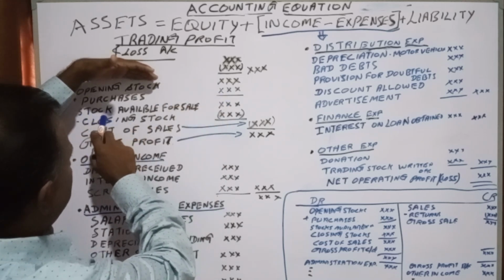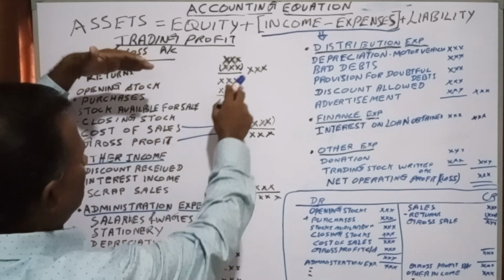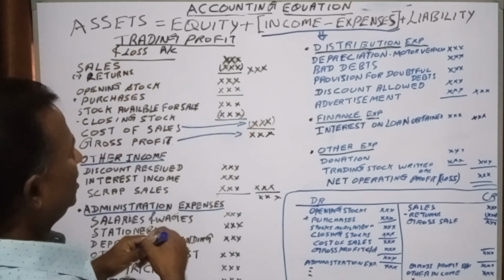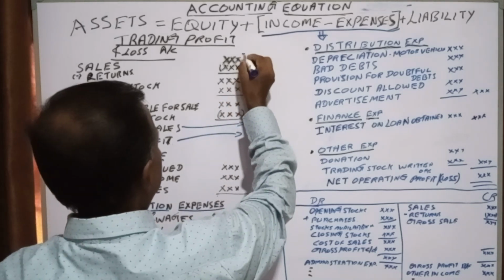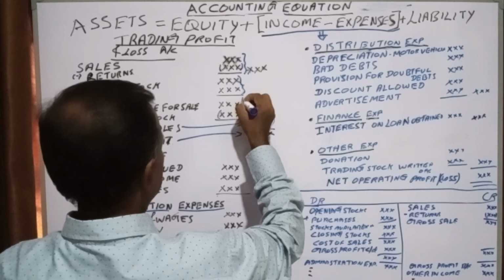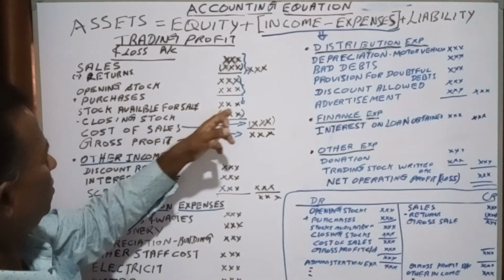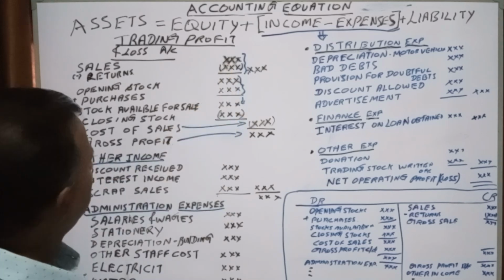Then we arrive at stock available for sale. When we add these two, we arrive at the stock available for sale.